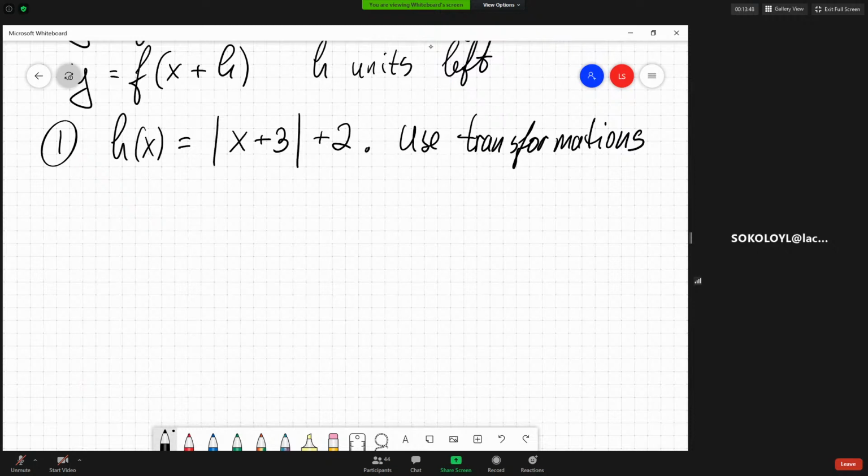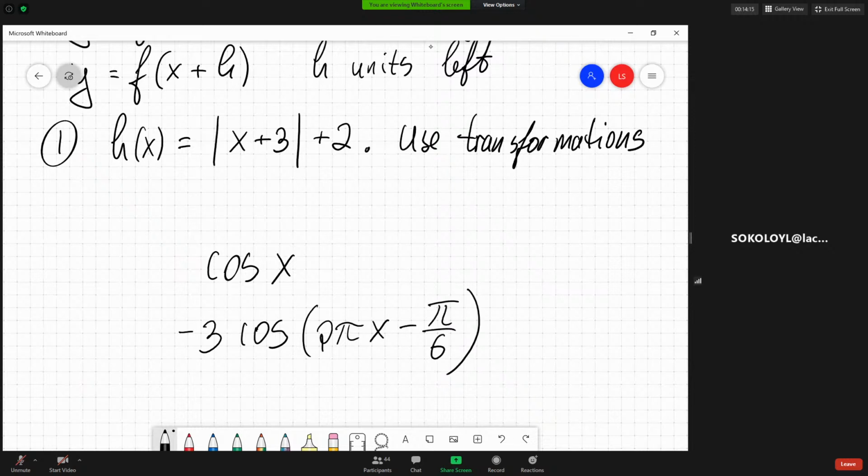The reason why we prefer to use transformations is because at some point this semester, when we get to trig and we start graphing trig functions, we will have a pretty easy way of graphing the parent function like sine or cosine. But when we encounter different transformations and we see something like negative 3 cosine of 2 pi x minus pi over 6, we don't want to sit there and plot a bunch of points.